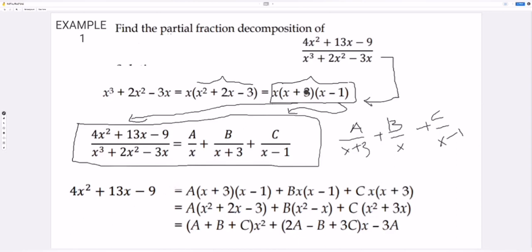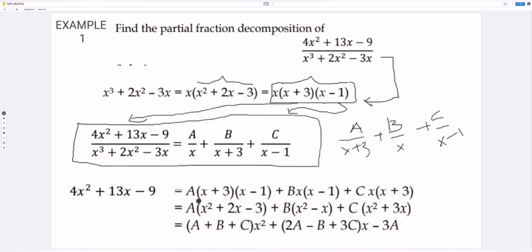So next is the right side. First, the first term, A over x. If we multiply this here, the x will be cancelled, but we have the remaining expression, the factored form x plus 3 times x minus 1.